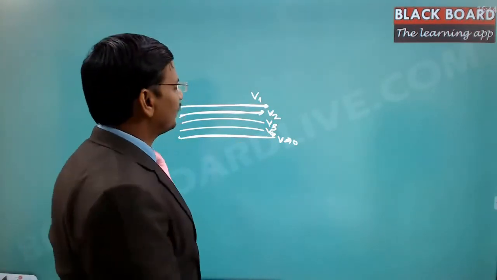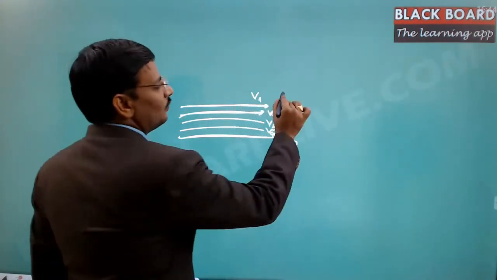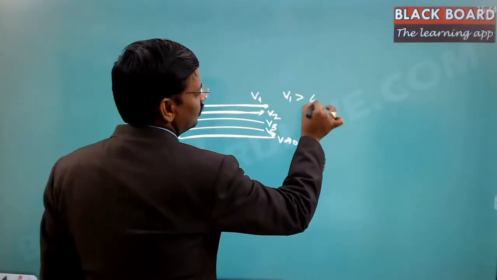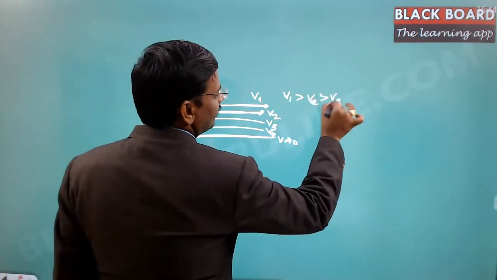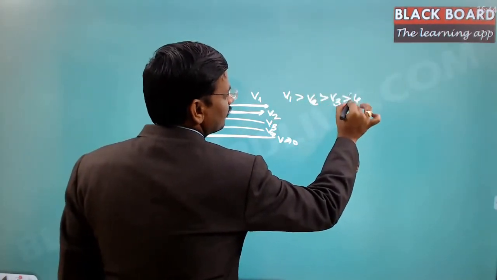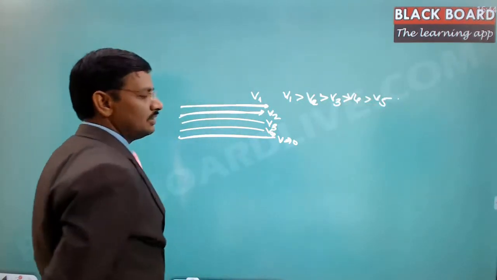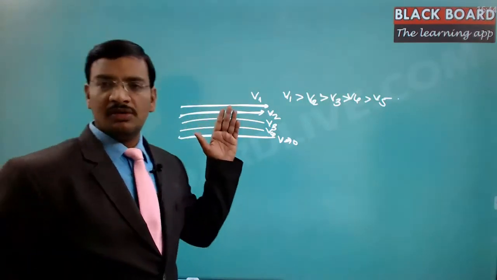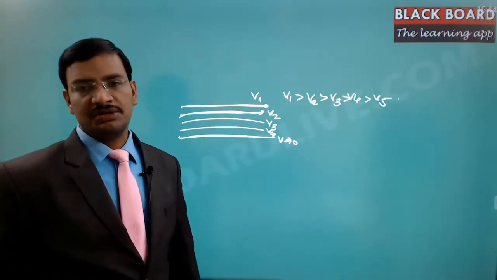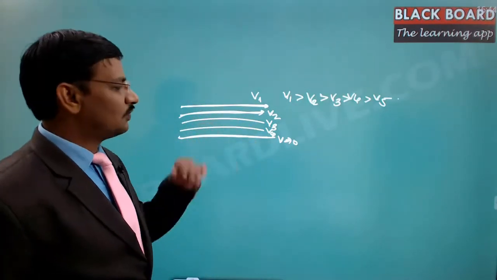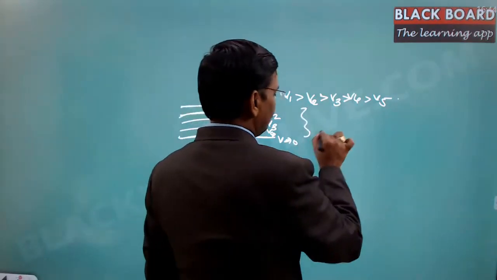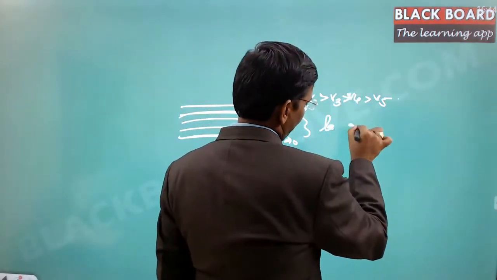Here V1 is more, then V2, V3, V4, and then V5. This is how the velocity of the layers is distributed. And this kind of flow is called laminar flow.